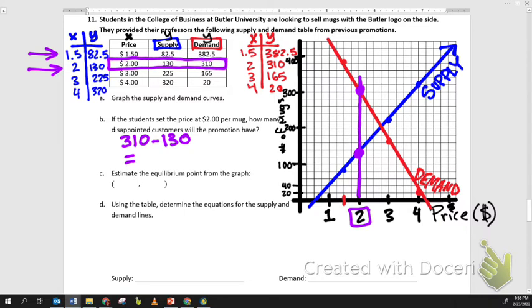And I would know 310 minus 130, there will be 180 disappointed customers. So I looked at the difference between the two. Disappointed customers.